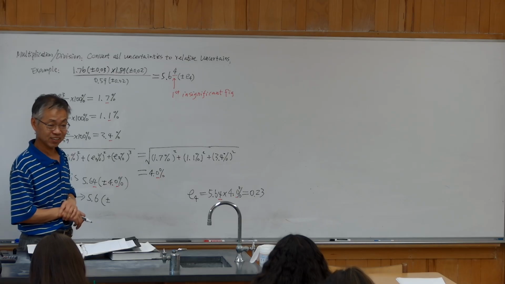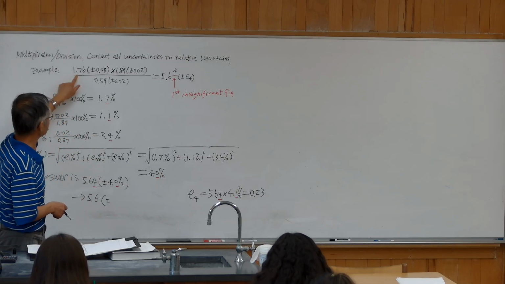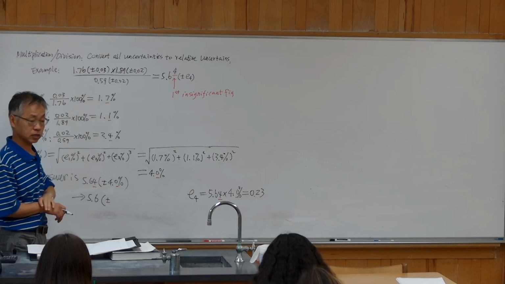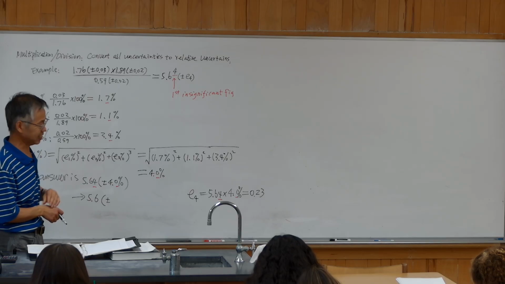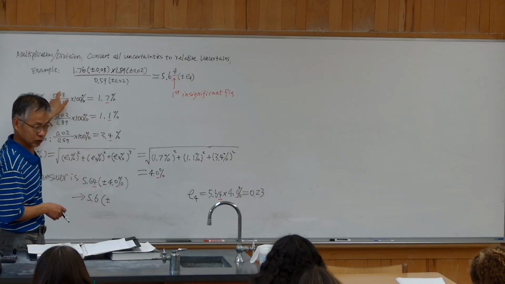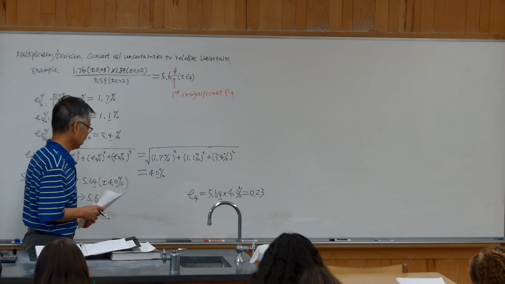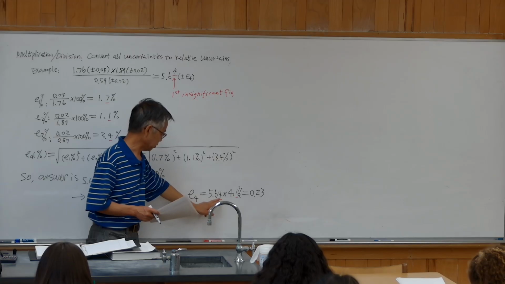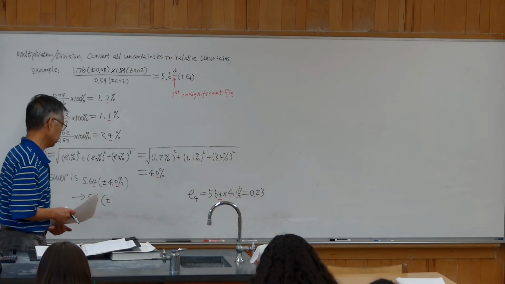It's error. So absolute error divided by actual value and 100% becomes relative error. Then relative error times the actual value will be absolute error. Okay. So value times relative error gives back the absolute error.